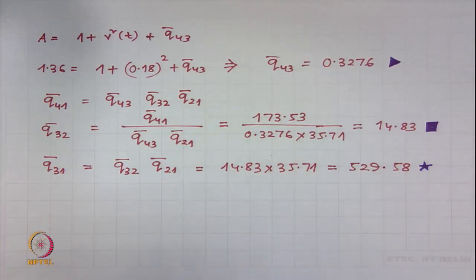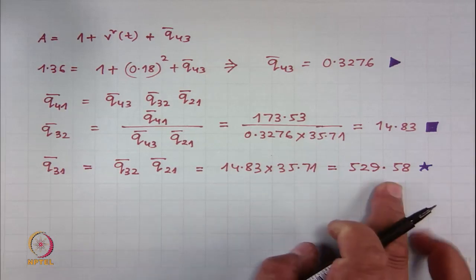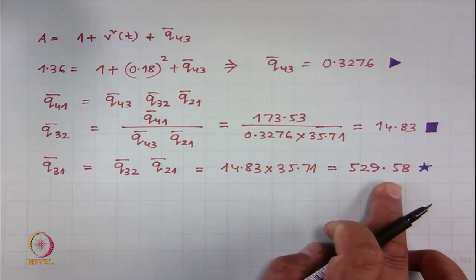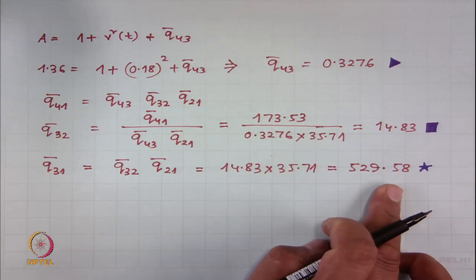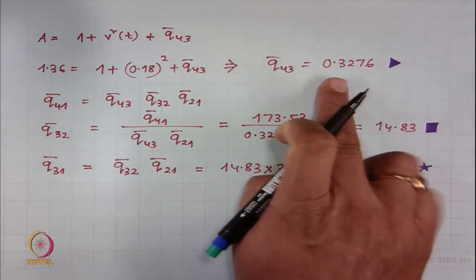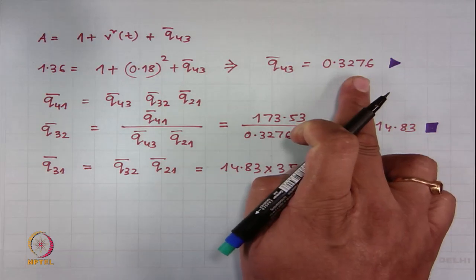At first sight this seems to be improbable. However, there could be many bundles that are empty. Look at the value of Q 43. Q 43 is 0.3276, is very less value.